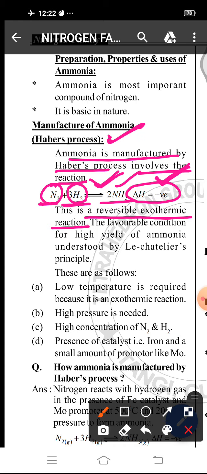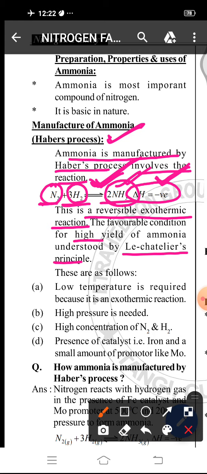So this is a reversible process. We know that in a reversible process we can apply Le Chatelier's principle. In the product side ammonia is formed, so by applying Le Chatelier's principle, the yield of ammonia can be increased.